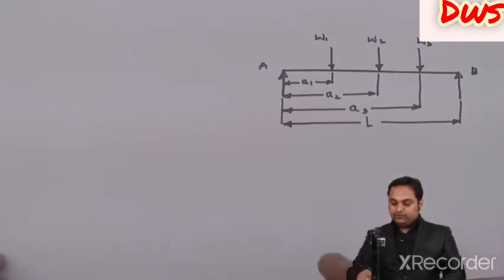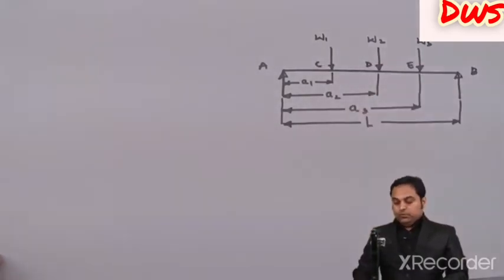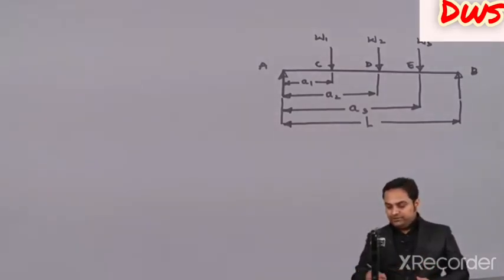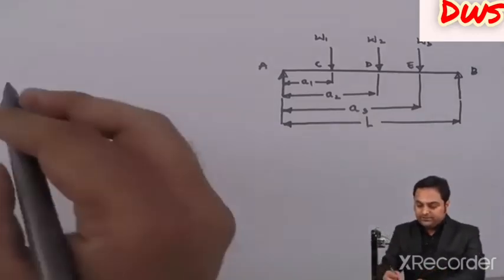Now suppose for such a beam which I have drawn here, we need to find out the slope and deflection at various points by using Macaulay's method. Then the steps would be, so I am going to write the steps in Macaulay's method.